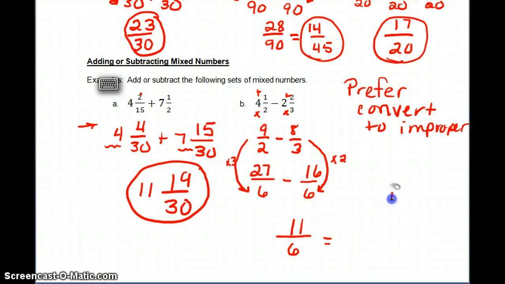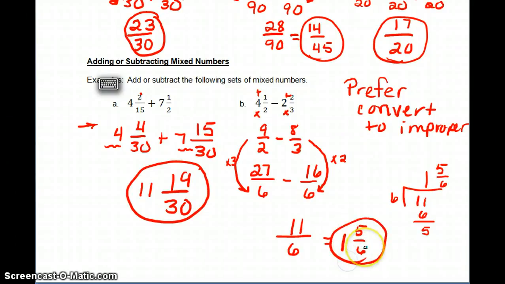Just remember those steps from the last lesson. We make it into a division problem. So we have 11 divided by 6. 6 goes into 11 one time, and we have a remainder of 5. So that becomes 1 and 5/6. So the final answer is 1 and 5/6.